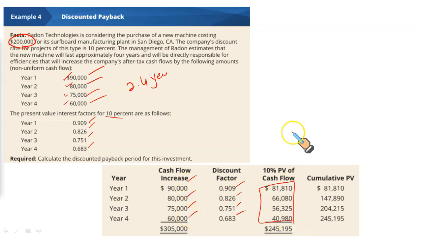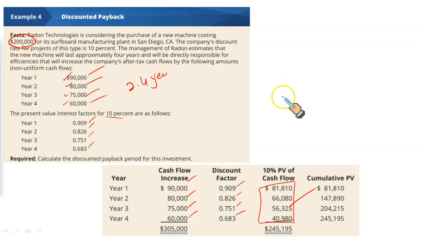You will do the same thing now. You will write negative 200,000 on your calculator. Add 81,810, still negative. Add 66,080, still negative. So the first two years' cash flows are not enough to recover my initial investment.